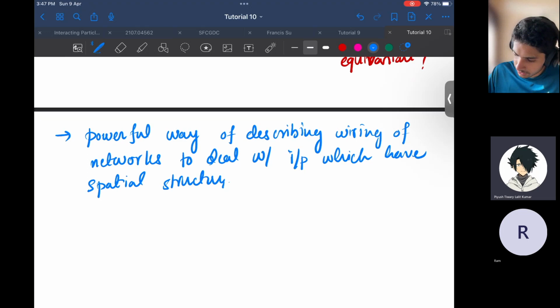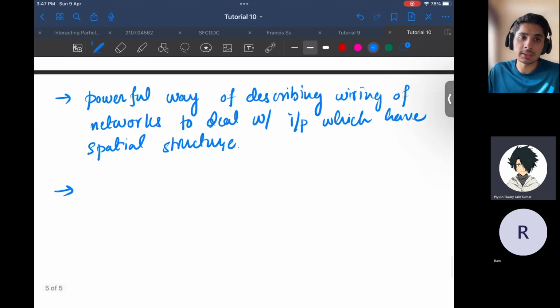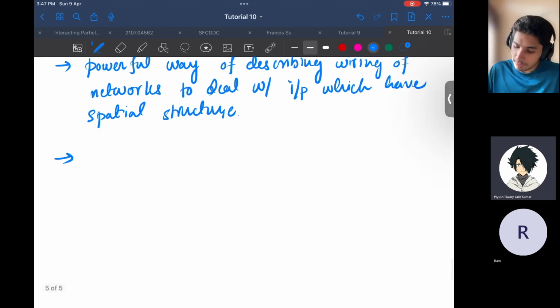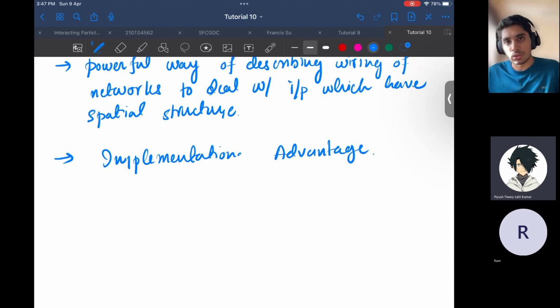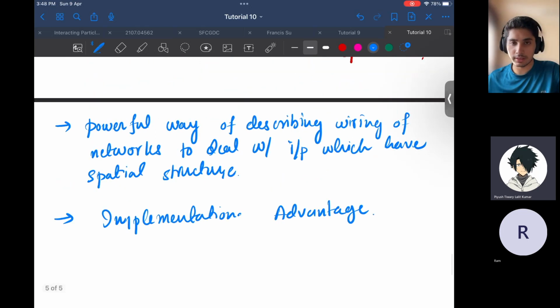The second benefit is an implementational advantage. I will just stop here. If it is not clear why CNNs have some implementation advantage, you can let me know. It was explained in the lecture as well, so I'm assuming that you know that, but if it is not clear, I will explain it nonetheless.